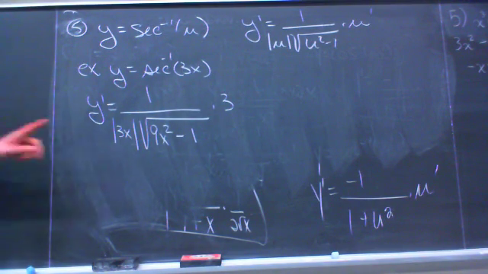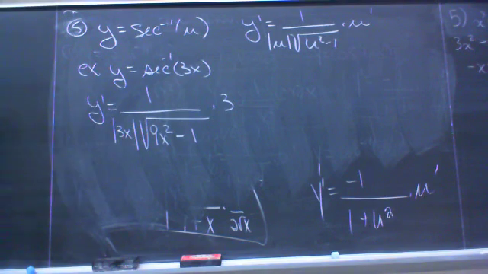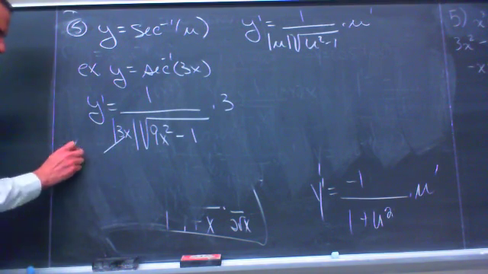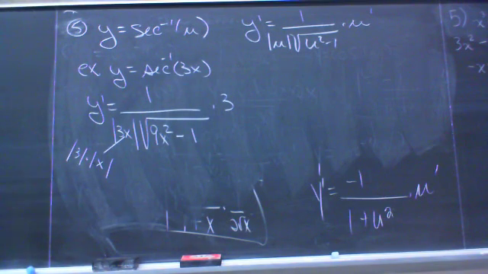And because this is just a constant inside the absolute value, you can pull this out and make it the absolute value of 3 times the absolute value of x.